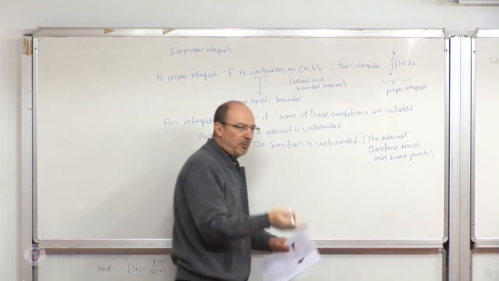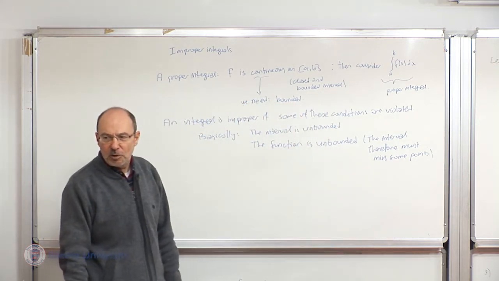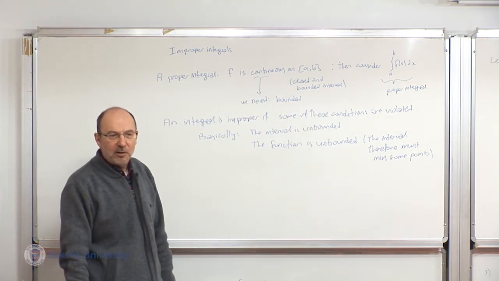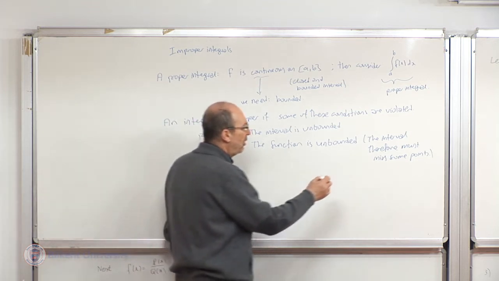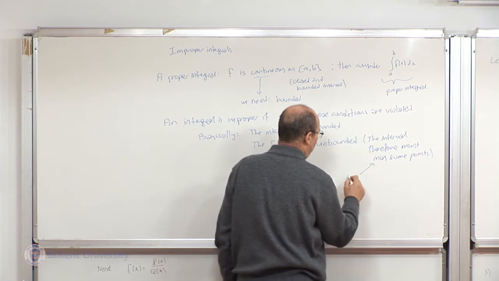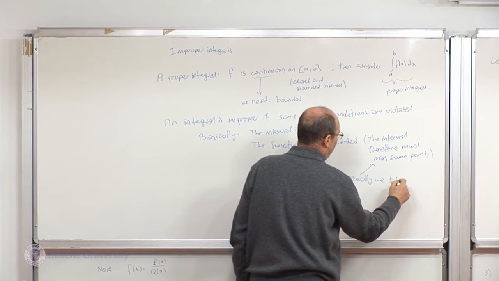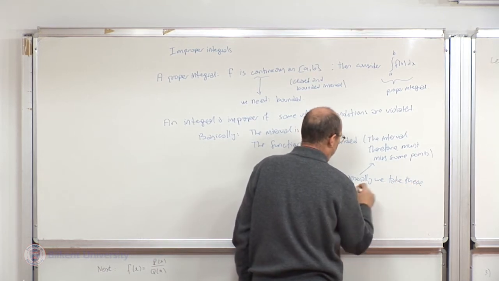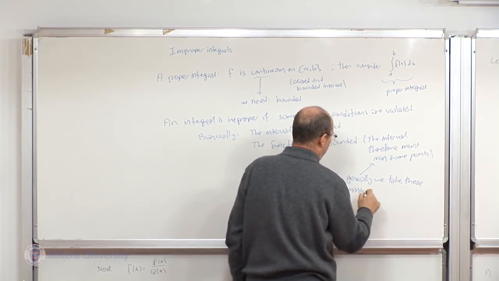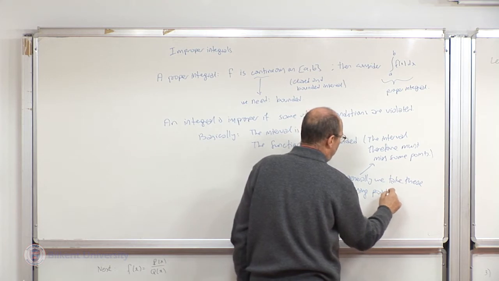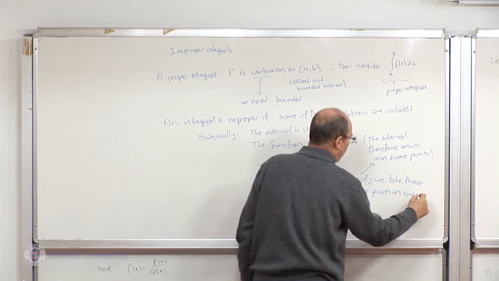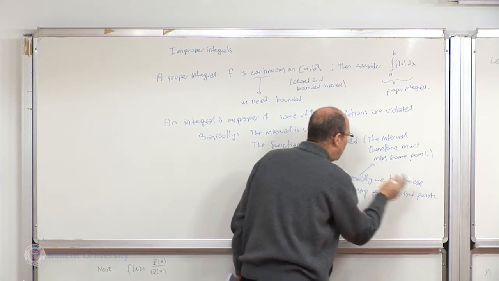Okay, if the function becomes infinite at that point, it means you have zero division there, so you don't have that point in the domain. Okay, so generally we put these things at the end. Okay, so generally we take these missing points as endpoints. Okay, so this is the idea.